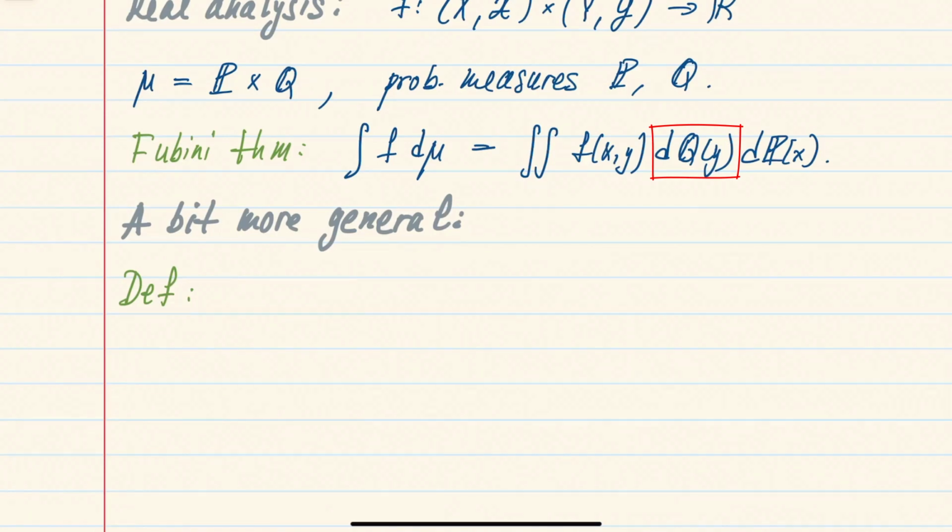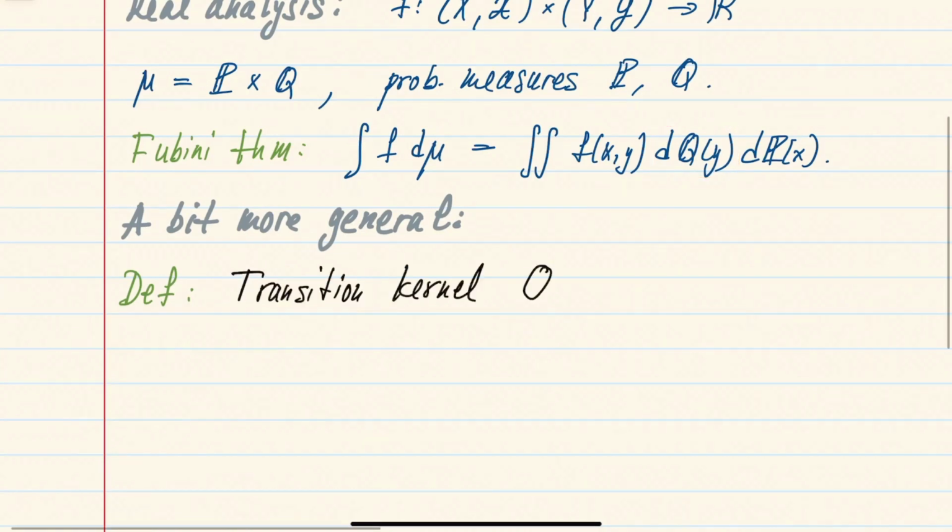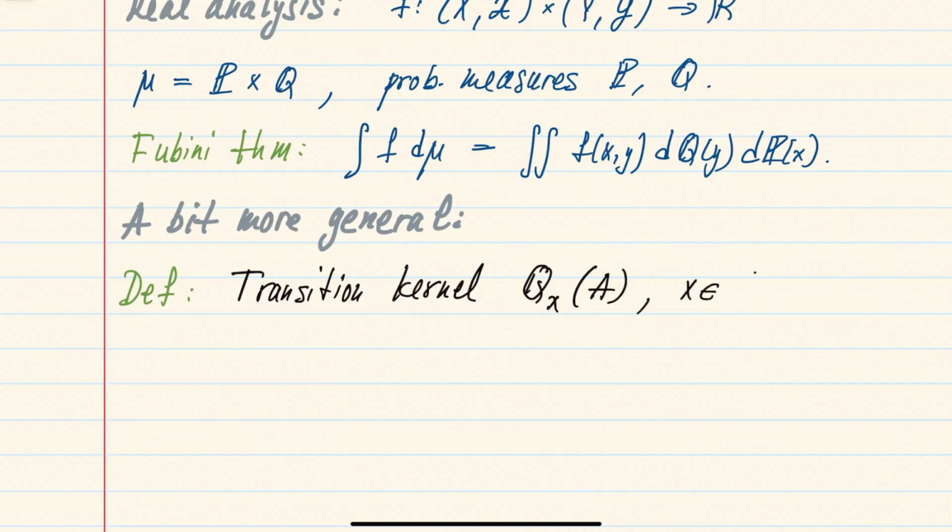So namely, a transition kernel is a function that depends on the first coordinate x, and it depends on a measurable set on the second coordinate. So for any x in X and any measurable set in the sigma algebra 𝒴 on the second space.